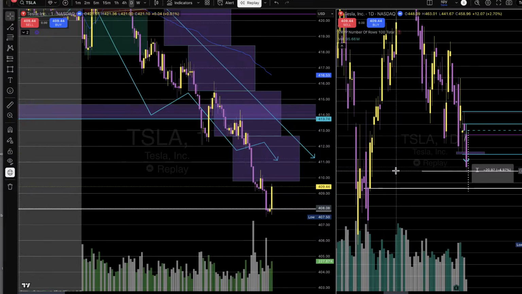Strength or weakness entries. That's what we're trying to aim for, find.